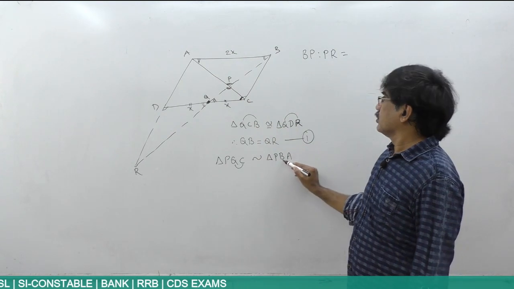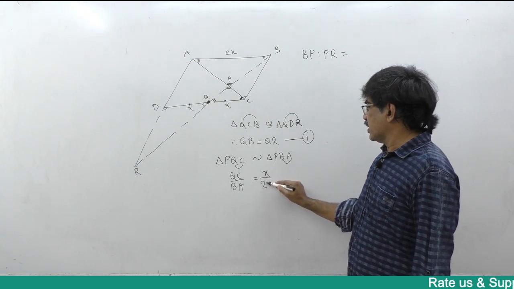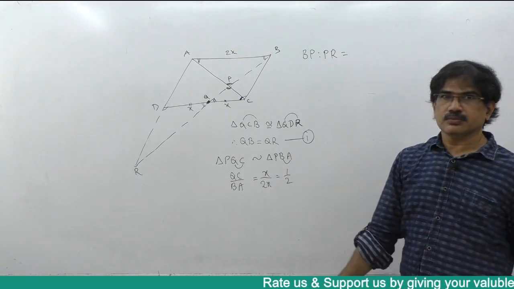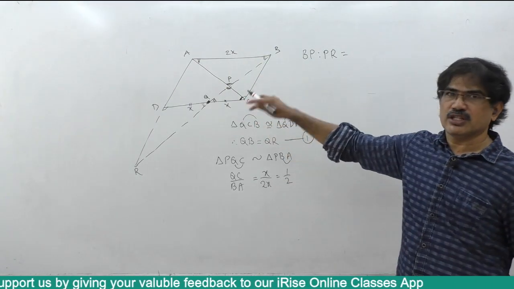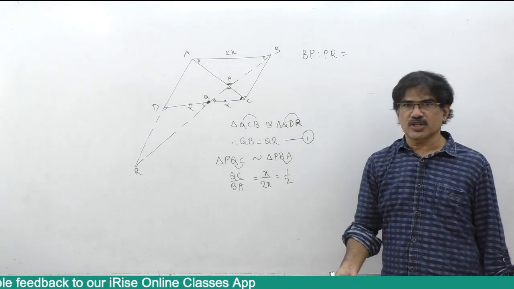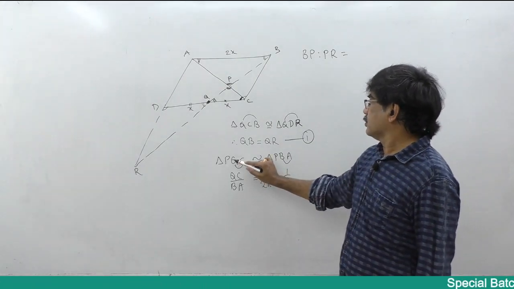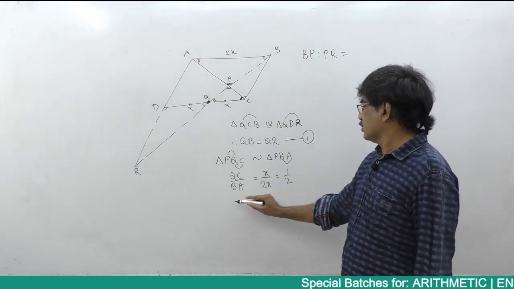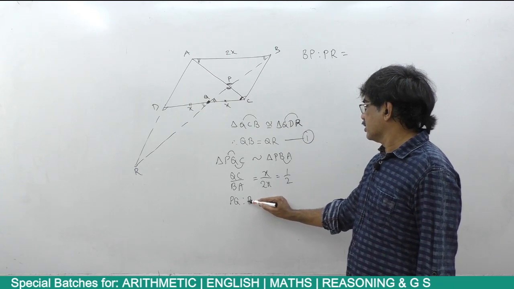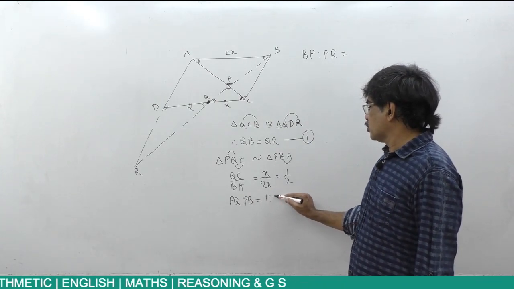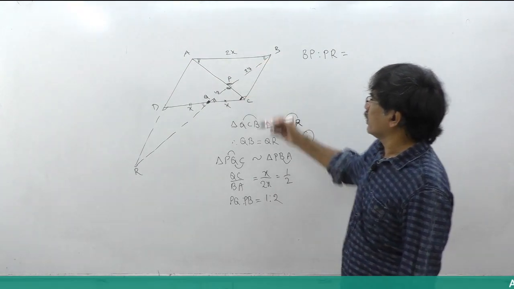QC by BA is equal to x by 2x, which is 1/2. Not only this, the other sides are also in the same ratio. So PQ is to PB is also 1:2. If this distance is y, this distance is 2y.